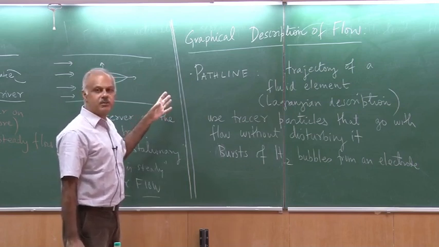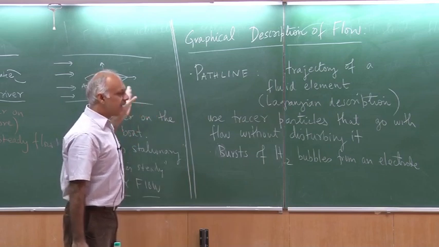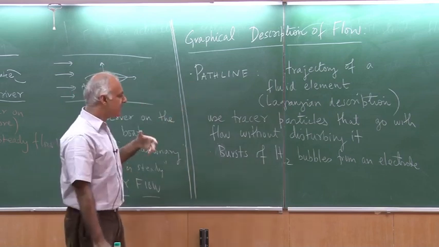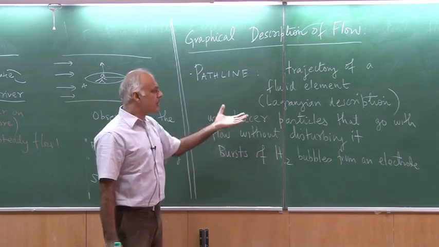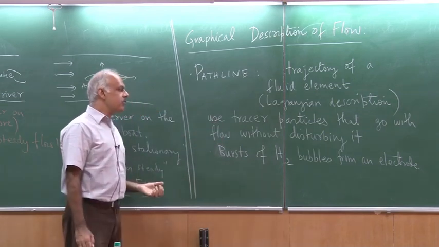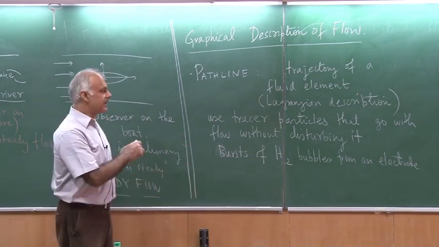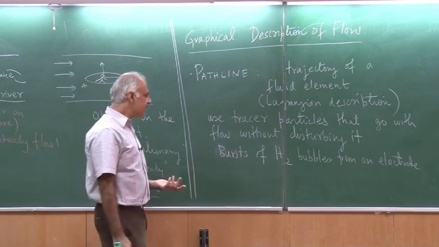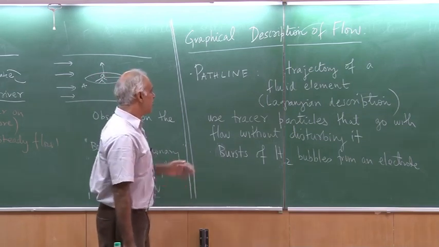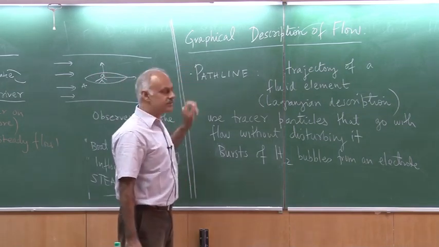So some hydrogen bubbles are created and they are carried with the fluid. Okay, so if I can track the hydrogen bubbles as they move along, I would be able to see what is happening to my flow. For example, I can measure the speed of the bubbles and so on and so forth, their relative movements to each other and so on. So that's path line, very, very intuitive.